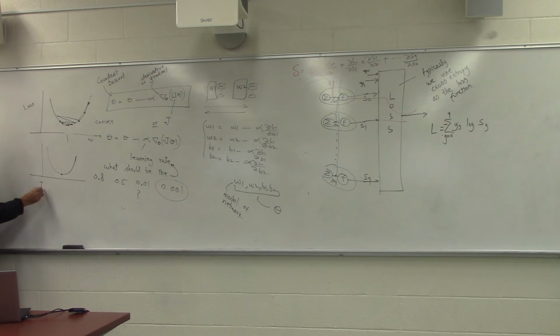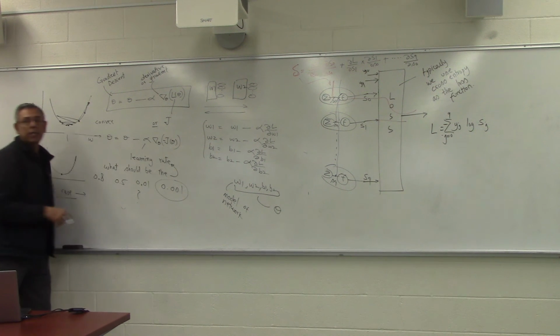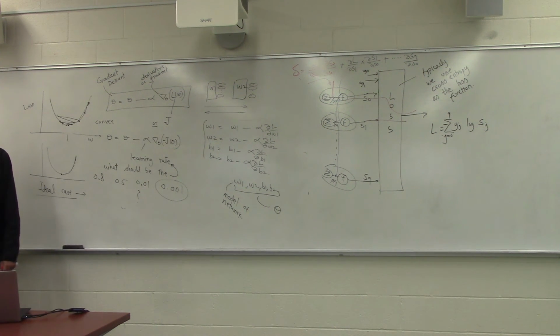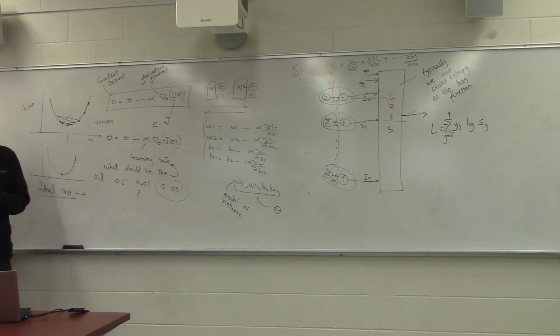Ideally, what do we want? The ideal case would be a learning rate high enough so that it is able to get to our goal, but not so high that it starts to oscillate at the end.